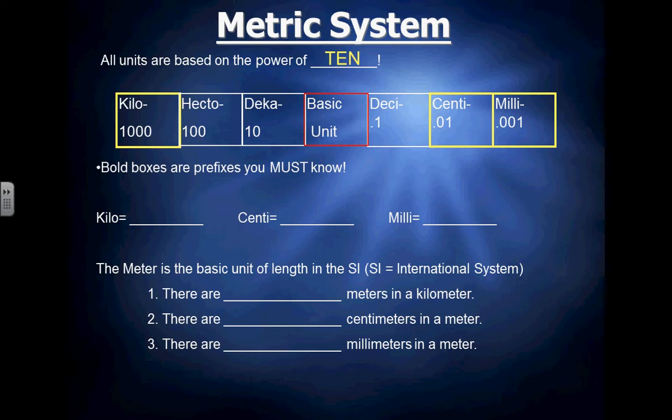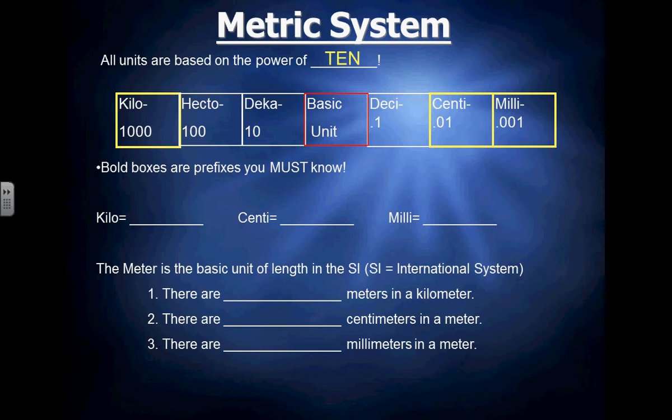So when we think about the metric system and the way it works, each different characteristic has what we call a base unit. Like in the metric system, what is the base unit for length? Yeah, the meter. How about the base unit for mass? Gram. How about volume?